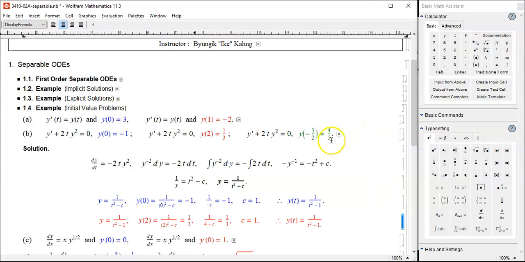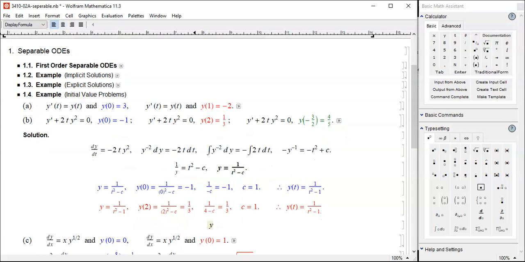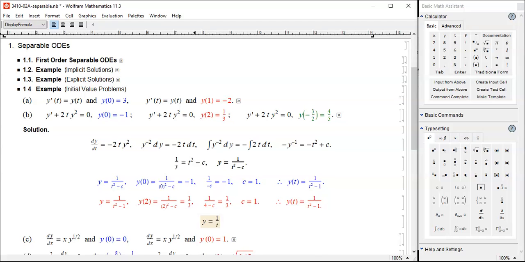How about the third initial condition highlighted in green? I have a feeling we may get something similar.